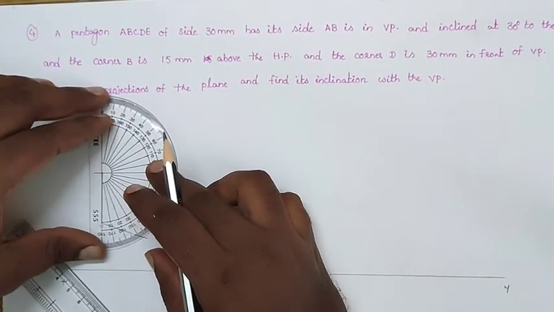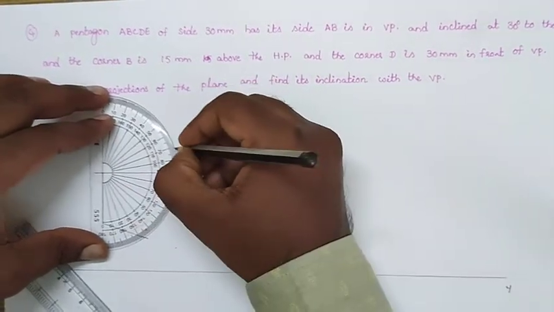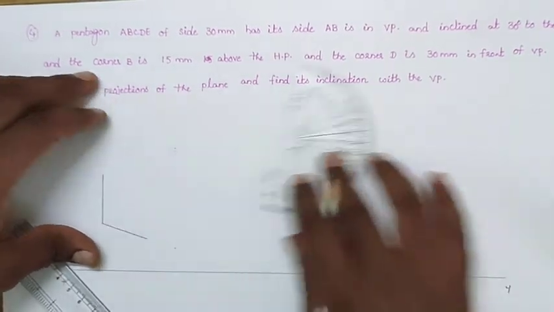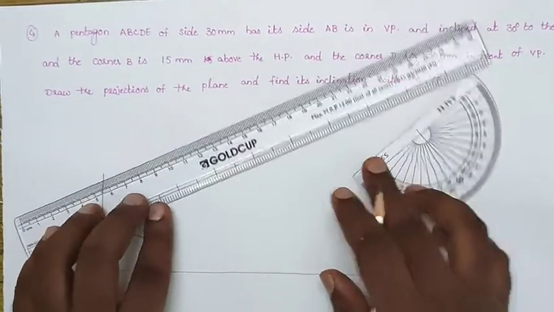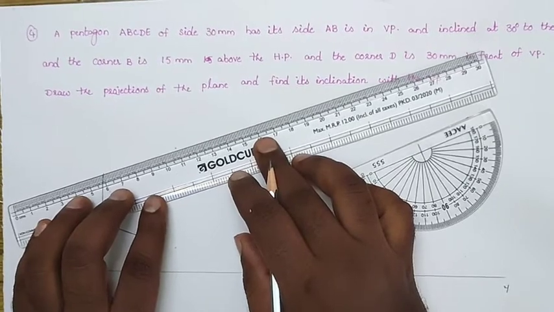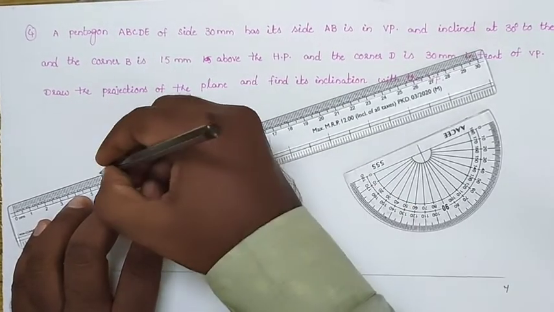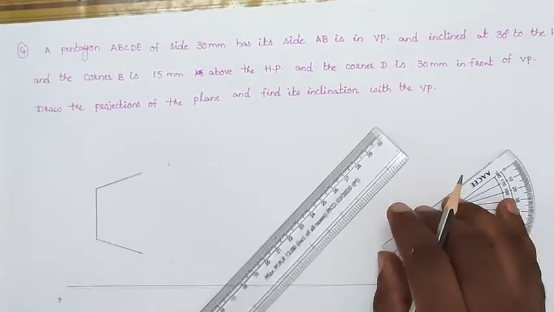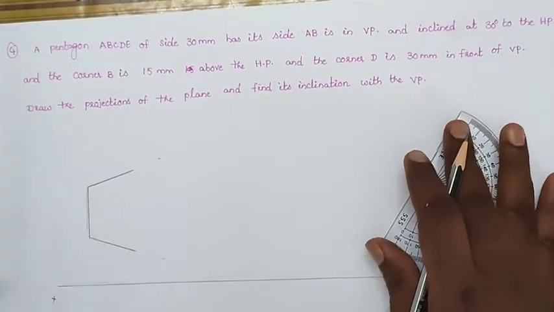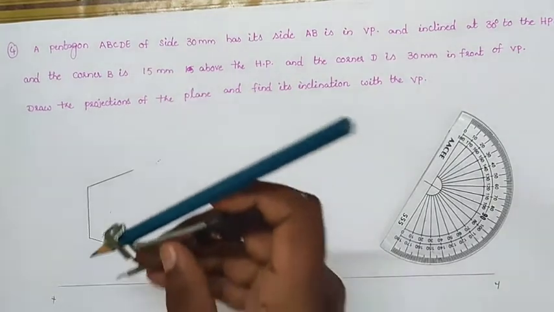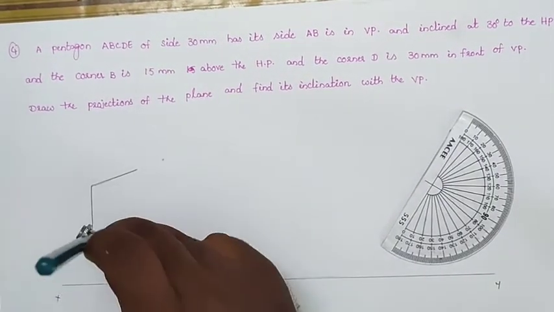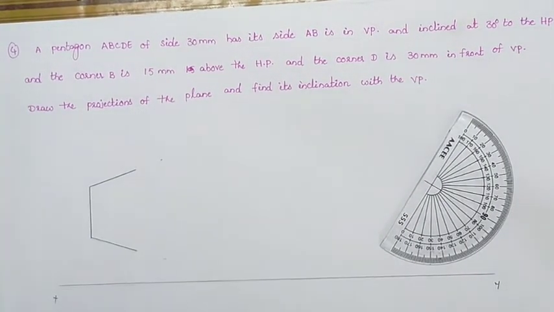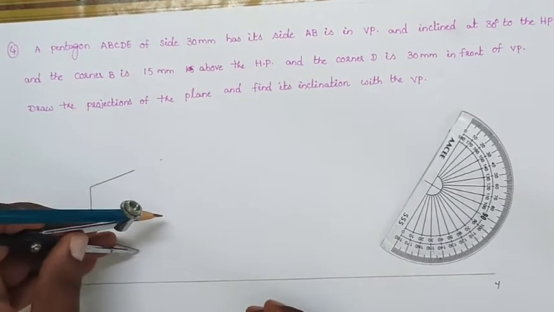From this corner also you can take 72 degrees and draw another side. With the length of that side we will draw the arcs and draw the first front view of our diagram.